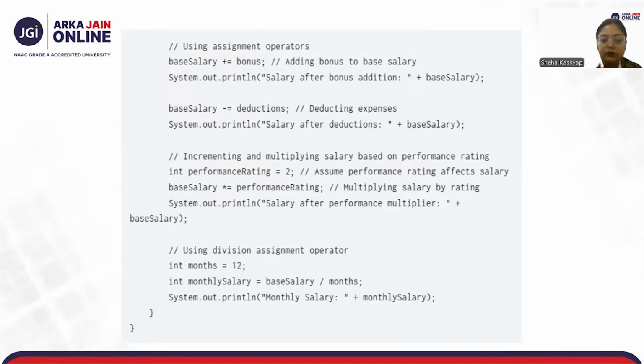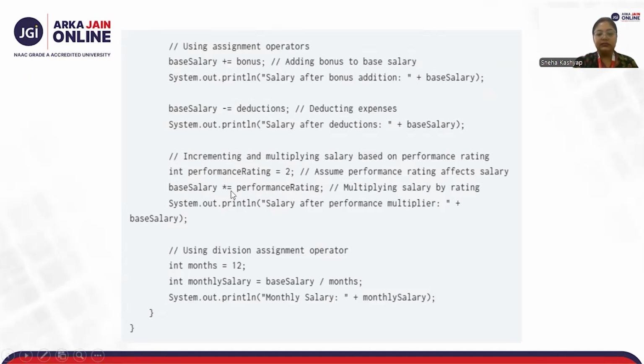I've taken a variable named performance rating and initialized the value to 2. I've taken this data type as integer. Now I'm trying to calculate using the performance rating. So base salary is equal to base salary into performance rating.